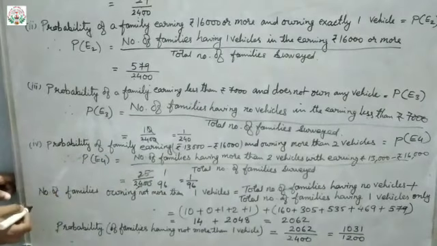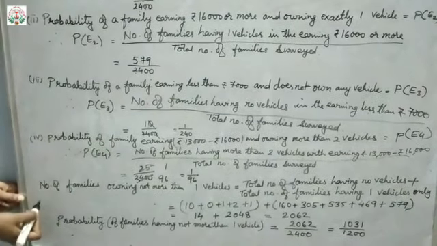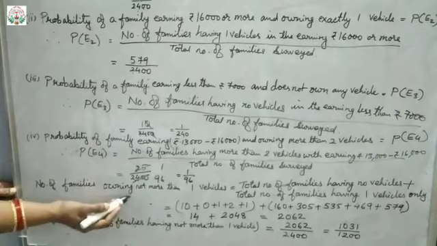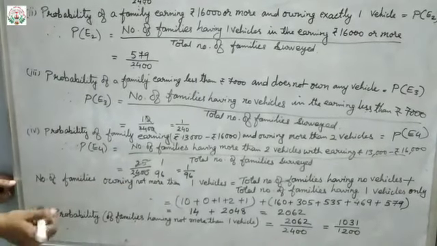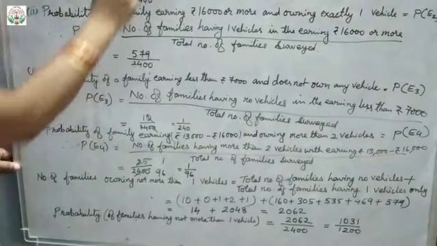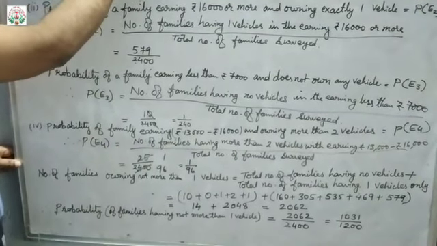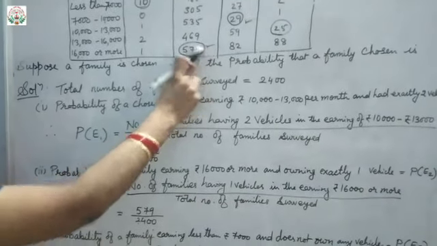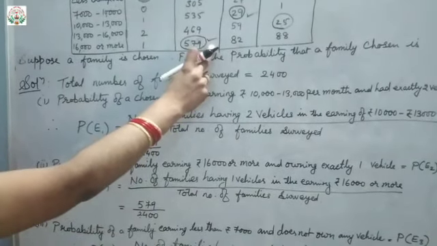Got it? Now the last part of the question is the number of families owning not more than one vehicle. Not more than one vehicle means families having 0 vehicles plus families having exactly one vehicle. These two we will add.